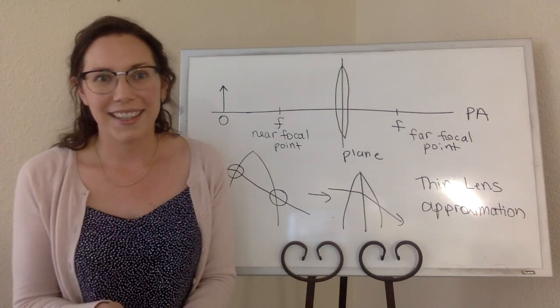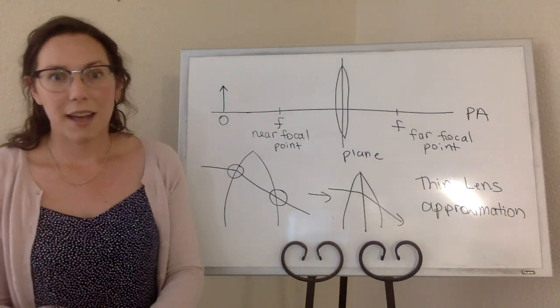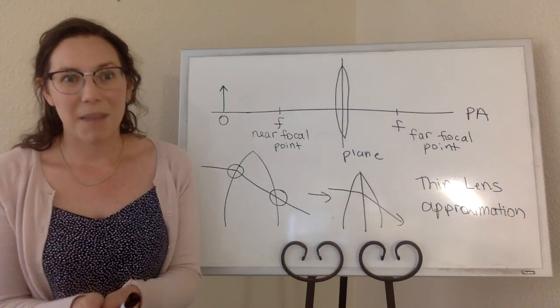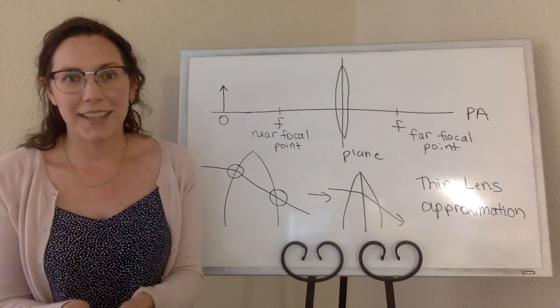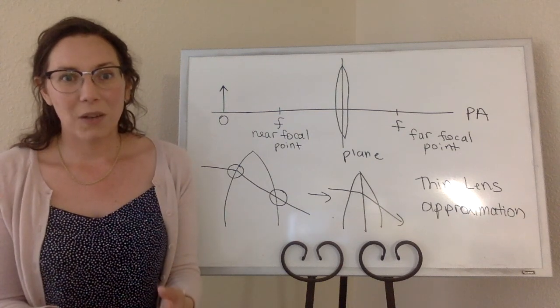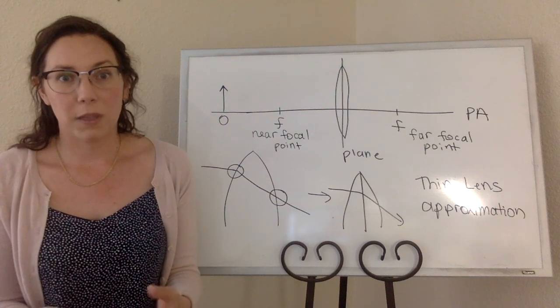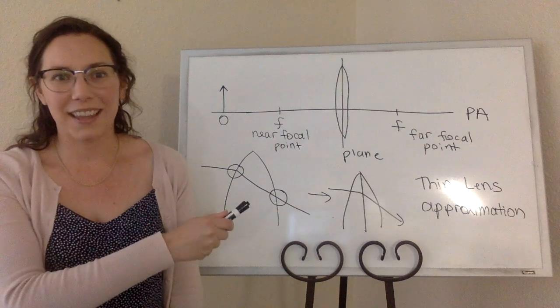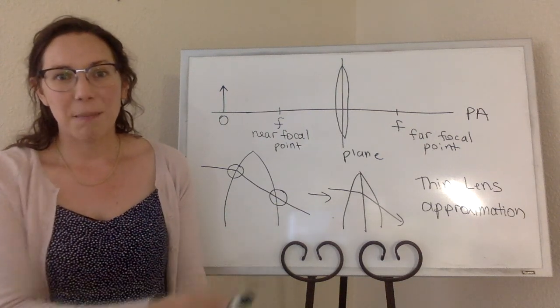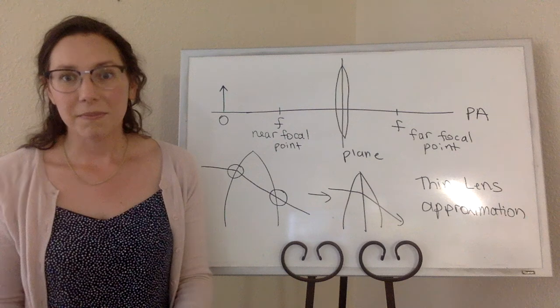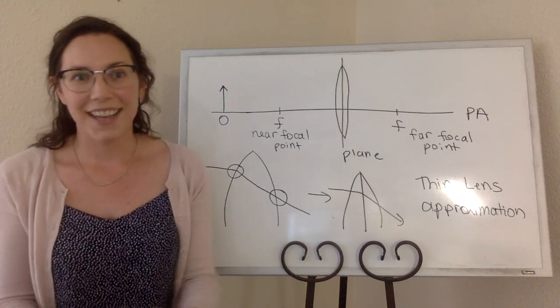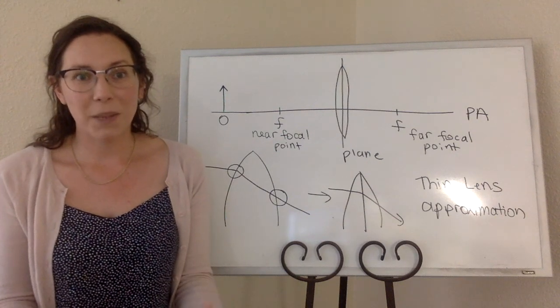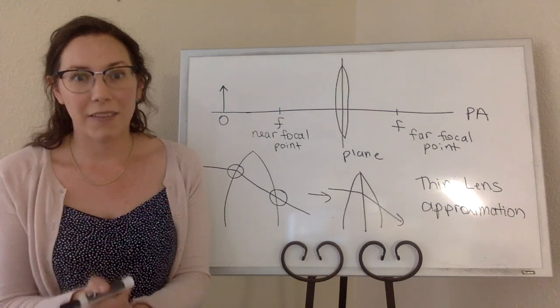So we have a piece of plastic or glass here that makes our lens, something that's transparent, and technically we know that light would refract at both surfaces, so from the air into the lens material, and then again back into the air. The thin lens approximation approximates that the light only refracts once at the plane of the lens.